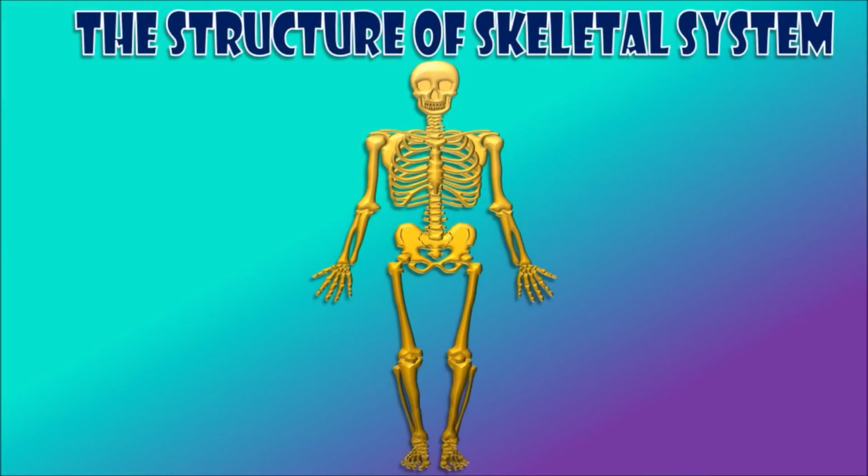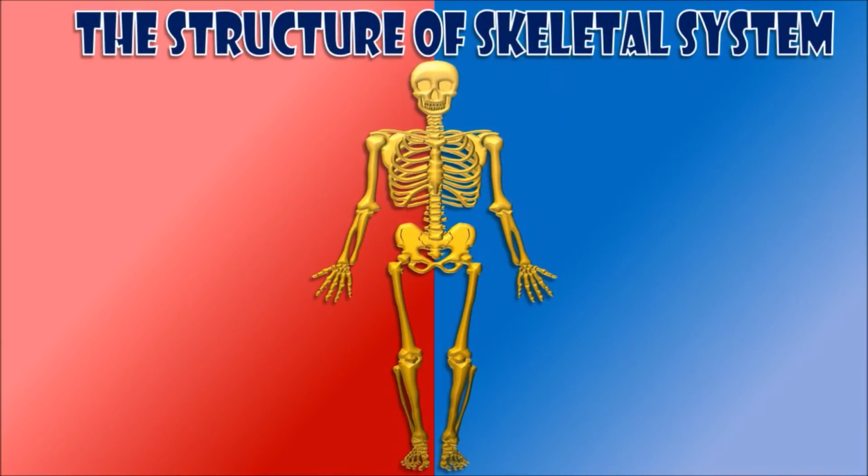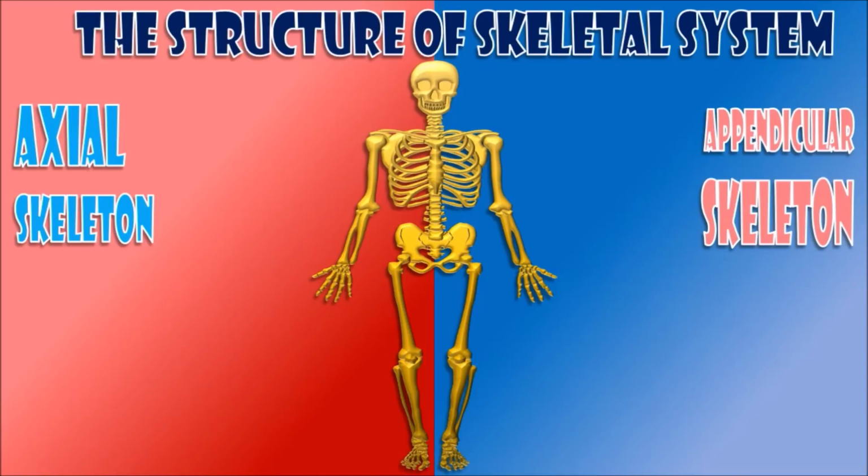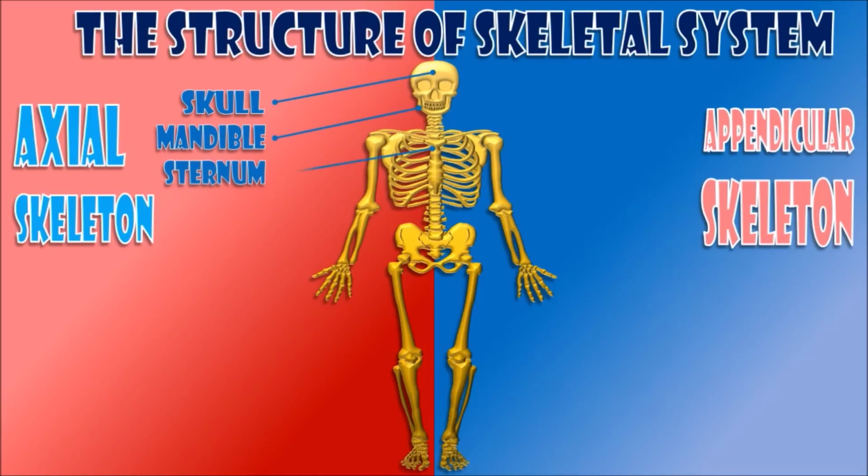Now let's name the bones in our body. For the axial skeleton, here are the skull, mandible, sternum, ribs or rib cage, vertebral column, and sacrum.